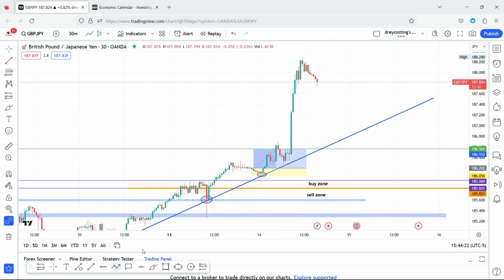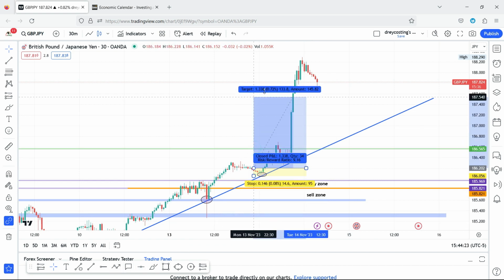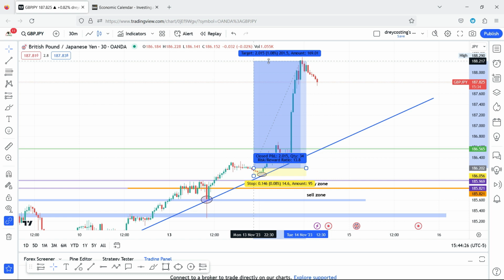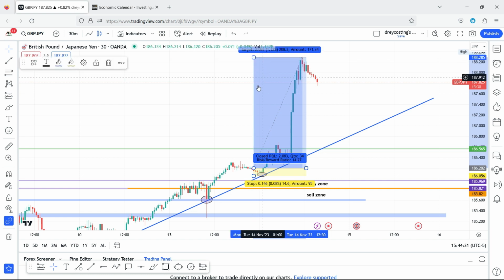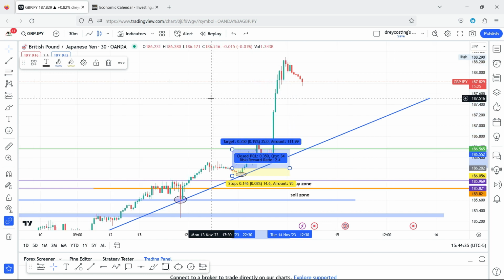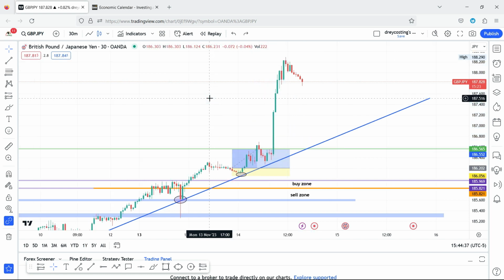However, just look at this maximization. I could have easily maximized to 1 to 14 RR on the day. That's something that I'm going to continue to work on.